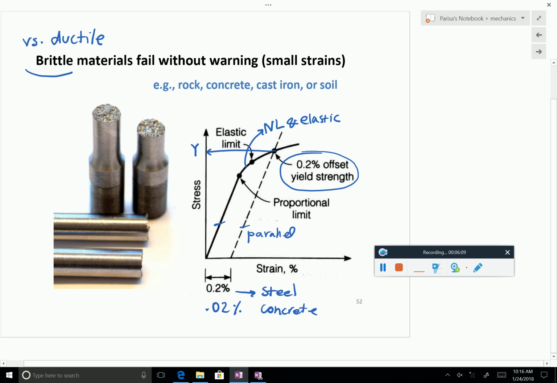Make sure you know how the stress-strain for each class of material would look, and what the typical characteristics of each are. It's also important to look at those examples, so you have some ideas, like concrete behaves differently from steel.